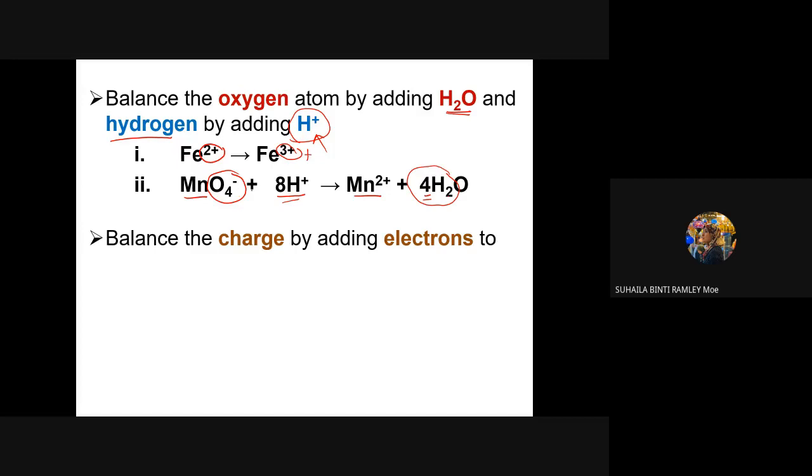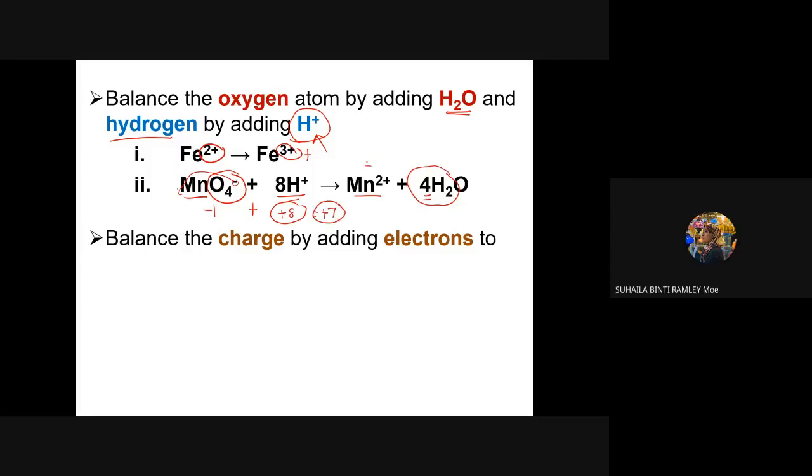So kalau sini total pada sebelah kiri. So this one is -1 times coefficient di depan ni 1. So this one is -1, plus, okay, hydrogen berapa charge? Positive 8. So overall pada reactant side is positive 7.